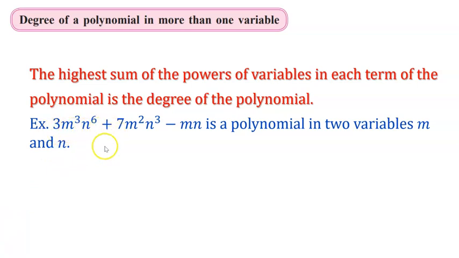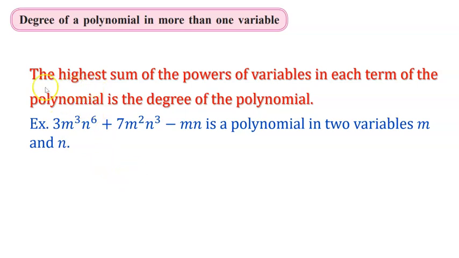Here there are two variables, and when we find out the degree of this type of polynomial, we add: 3 plus 6 equals 9, 2 plus 3 equals 5. Then what is the highest sum? The highest sum is 9 and therefore the degree of this polynomial is 9.